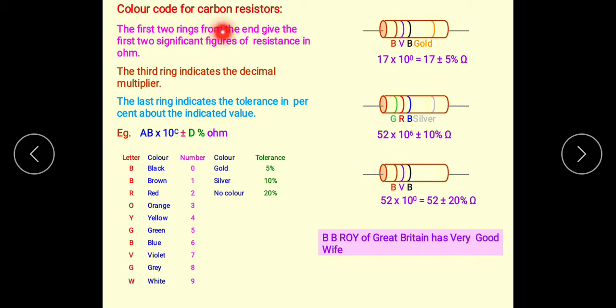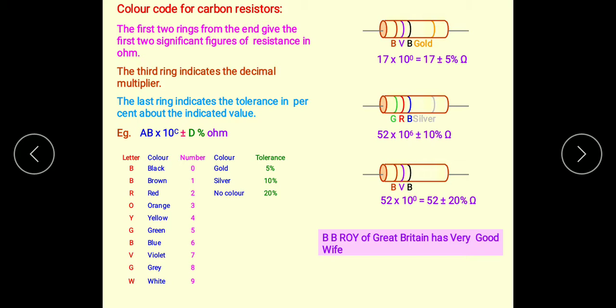Color coding for carbon resistors. Color coding, what does it mean? If we want to sell to the international market, we have to use an international standard symbol for specification of the carbon resistor.